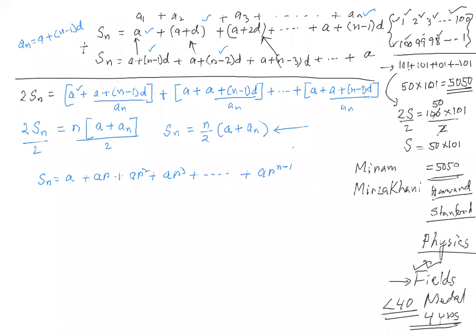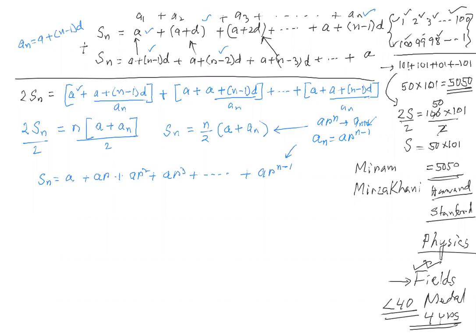Now this goes up to n minus 1. Remember why? In a geometric sequence, a sub n is equal to a times r to the power n minus 1. It doesn't go to n. If you go to a times r to the power n, this is actually a sub n plus 1, the next term.